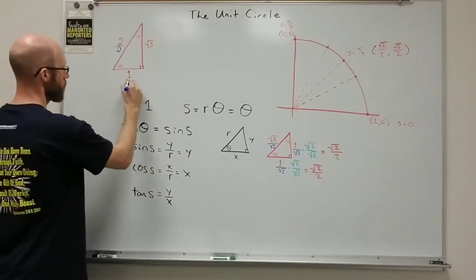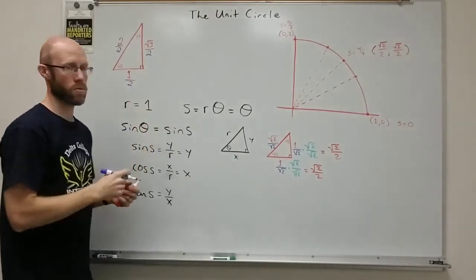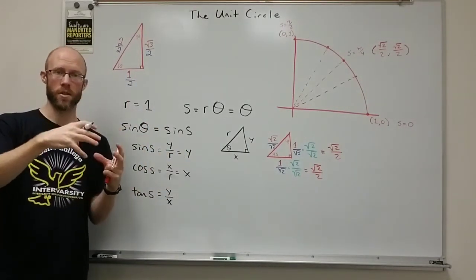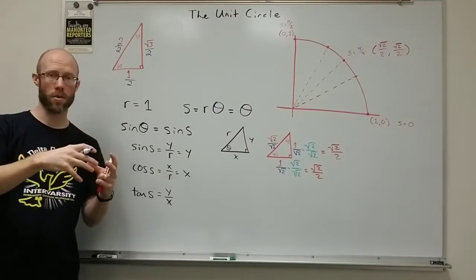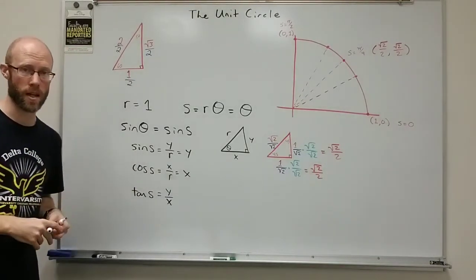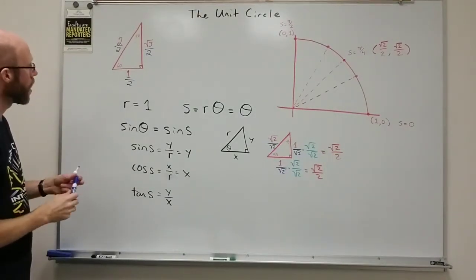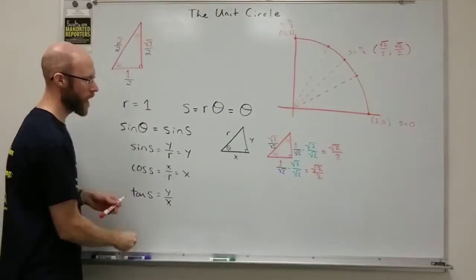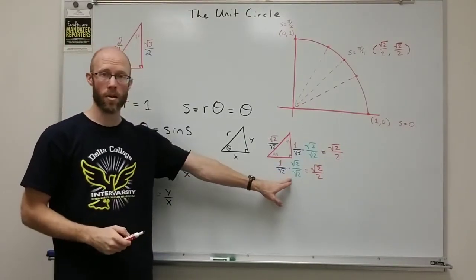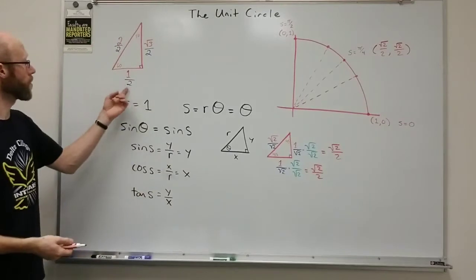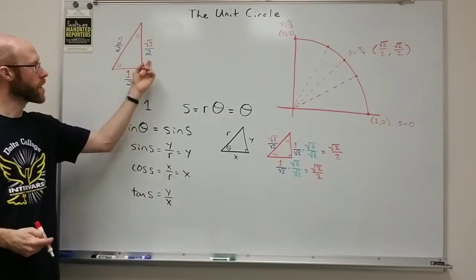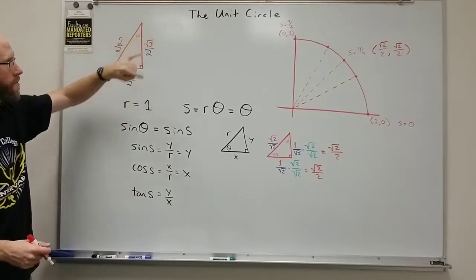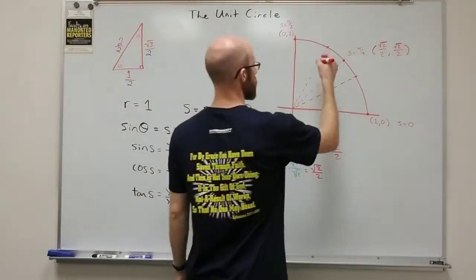So I've got to divide everything by 2. That shrinks the whole triangle consistently so that we have a similar triangle, still a 30, 60, 90. This one works out very nicely. I don't have to rationalize the denominator like we did before. Everything is already rationalized. And so we have an x and a y value for this angle.